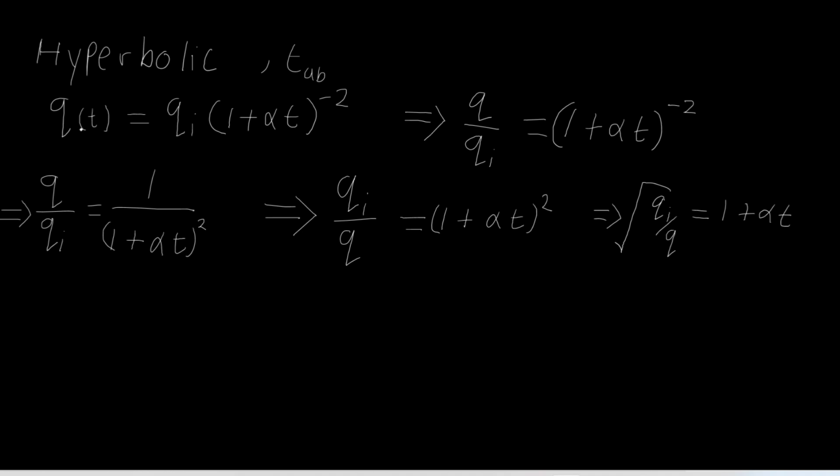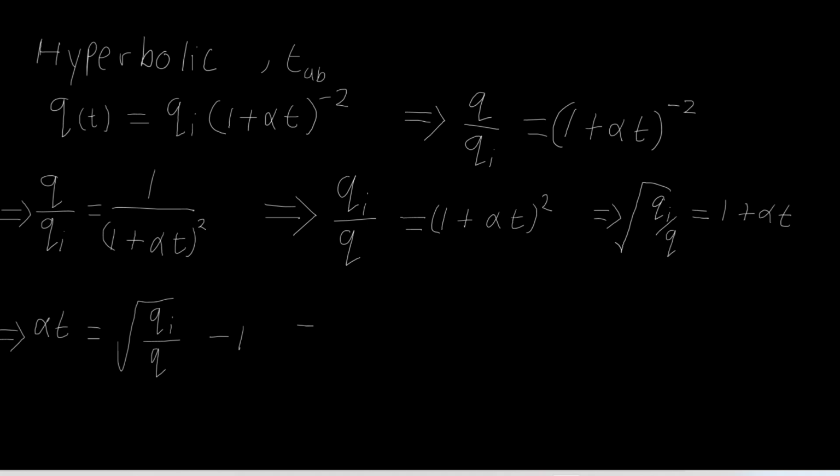Okay, now let's take our 1 to the other side. So we'll be having that alpha t is now equal to square root of qi over q minus 1.